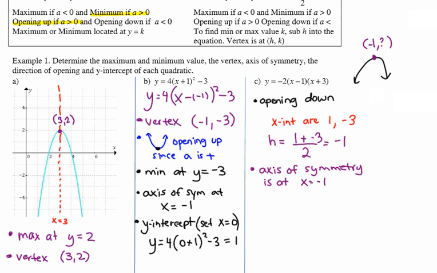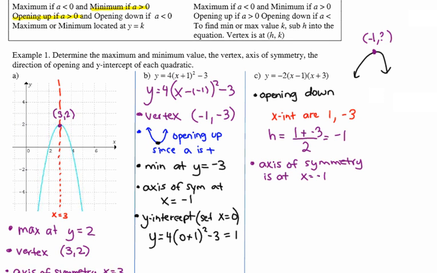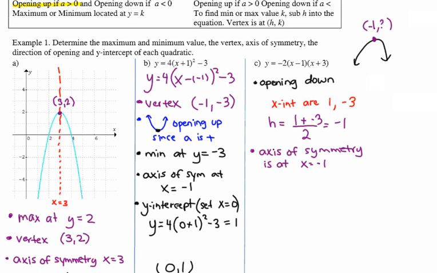How do we find any y value if we know an x value? Sub it into the equation. Yeah. So to get our k value, we're going to sub in x equals negative 1 to our equation. We just need the y value now.